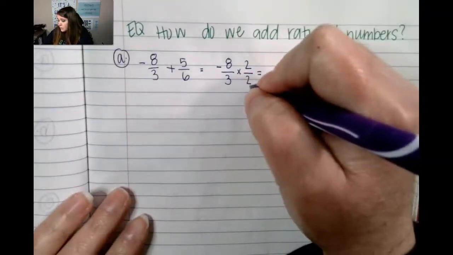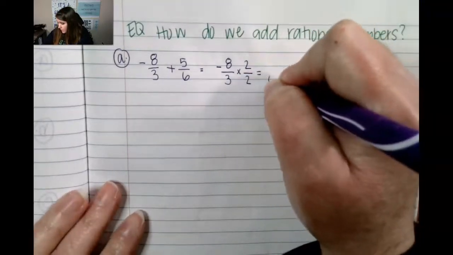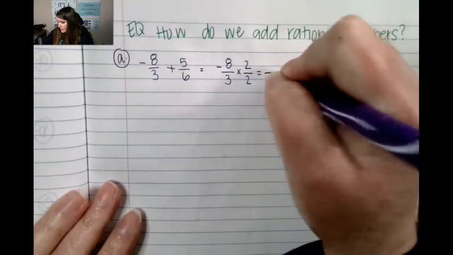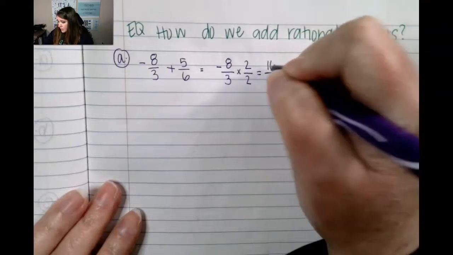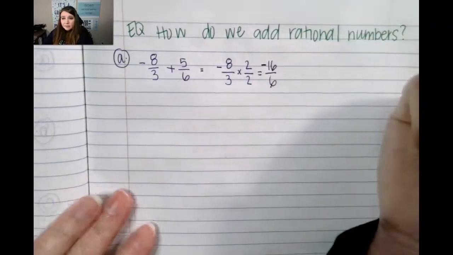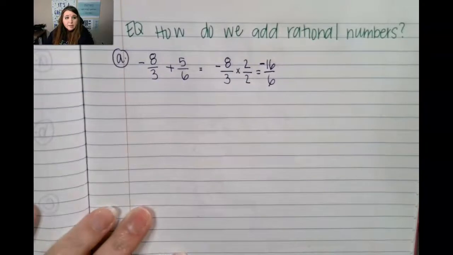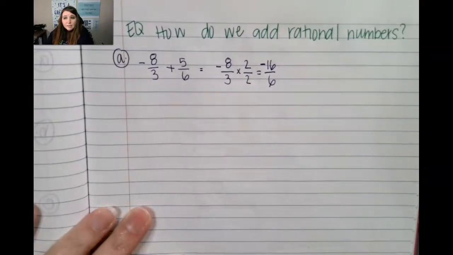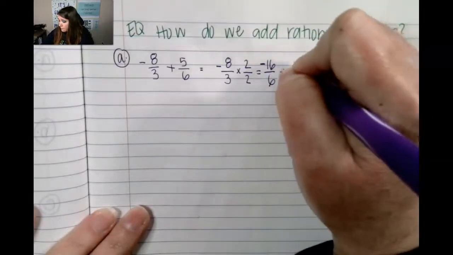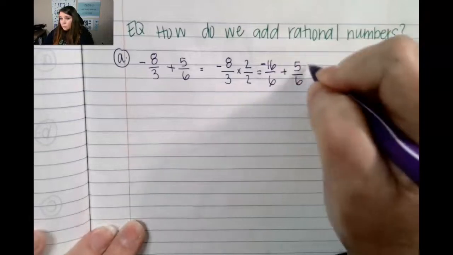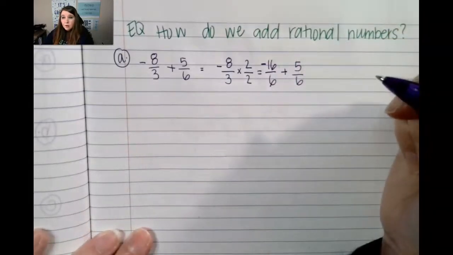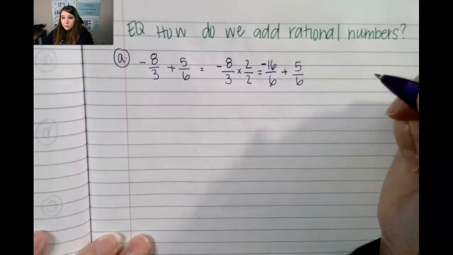So 3 times 2 is 6, and 8 times 2 is 16, and then we're going to pull the negative sign over with it. So now you have negative 16/6 plus 5/6. So this right here is the new problem that we are going to solve. Negative 16/6 plus 5/6.